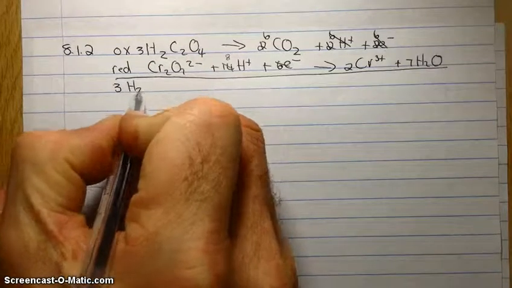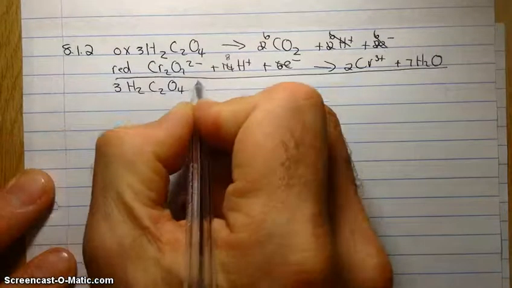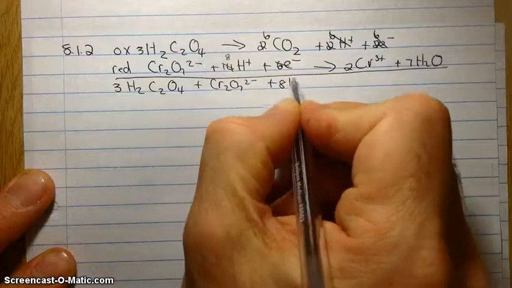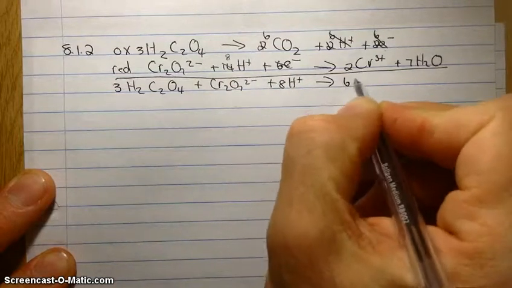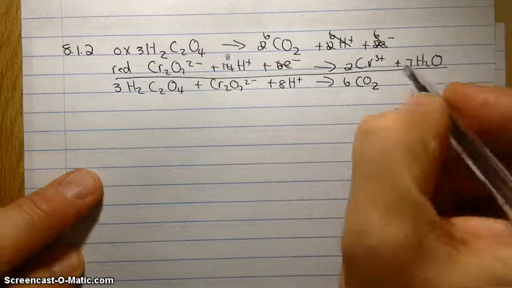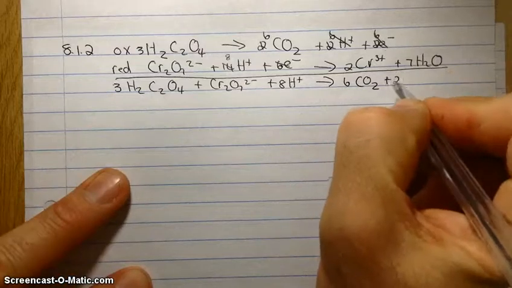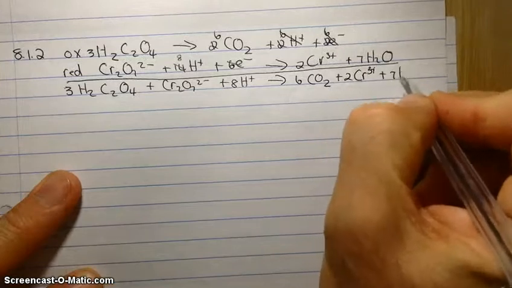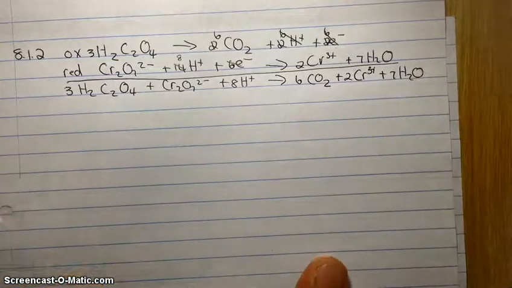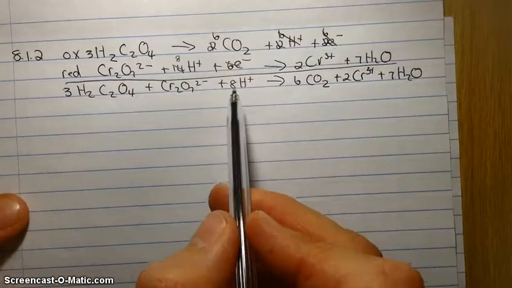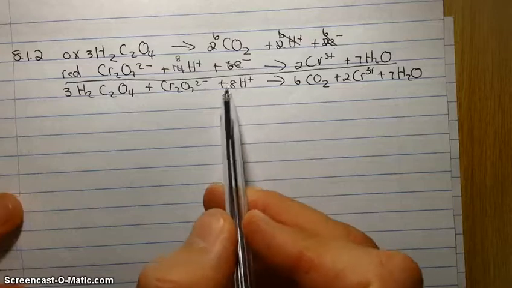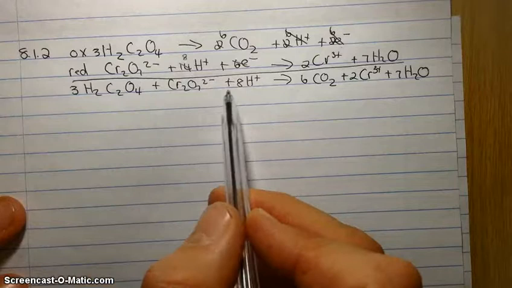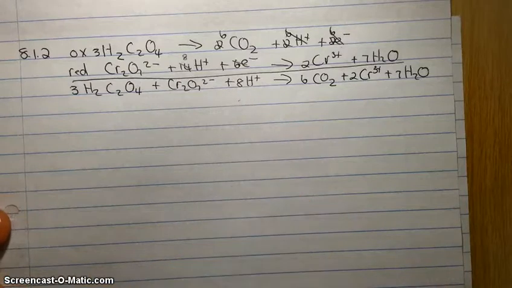So it's 3H2C2O4 plus Cr2O7 2- plus 8H+ gives 6CO2 plus 2Cr3+ plus 7 waters. Just to comment about the H+, remember that the H+ always refers to the fact that the solutions were acidified, right? So a little bit of acid was added to the solution.